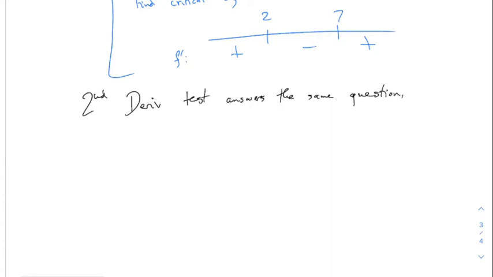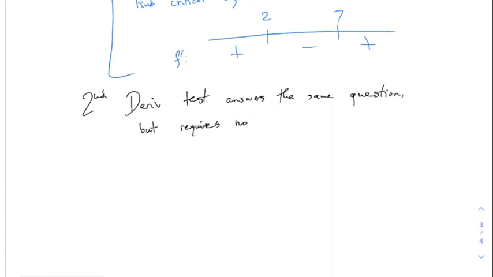It's really more a matter of when you encounter a new question like this, for certain types of problems, it's easier to do the second derivative test. For other types, you might be better off with the first derivative. Anyway, the second derivative test answers the same question, but requires no chart. That's what makes it better.